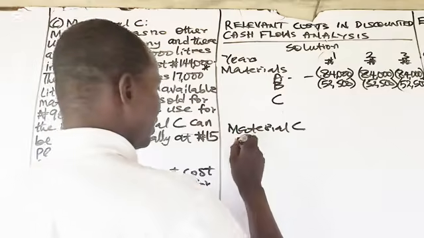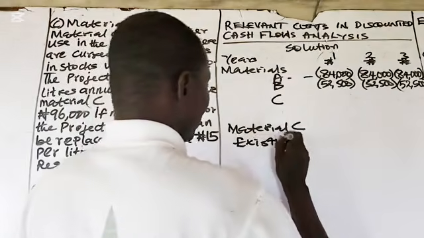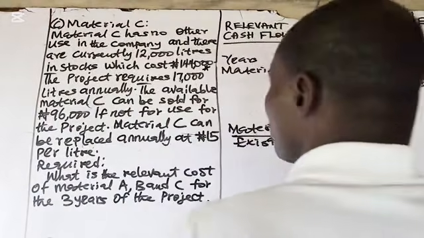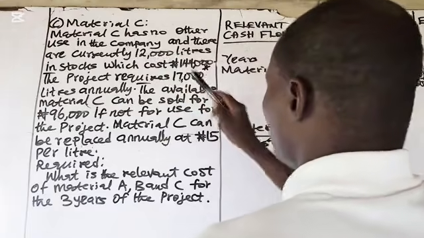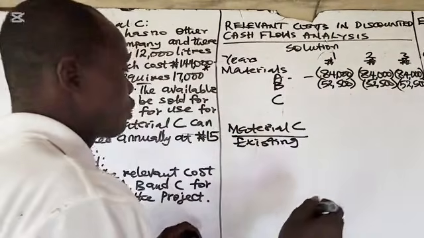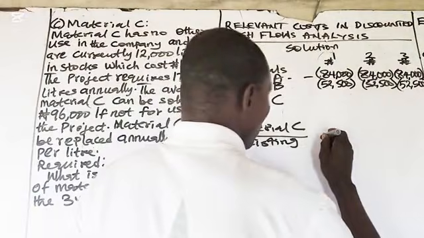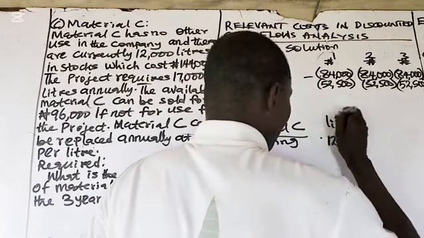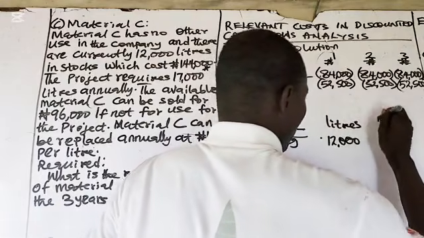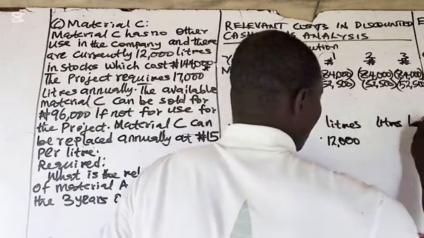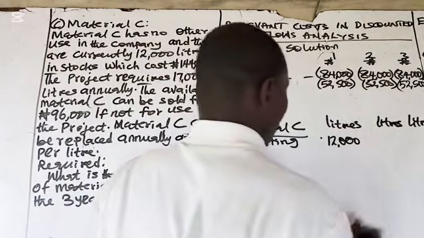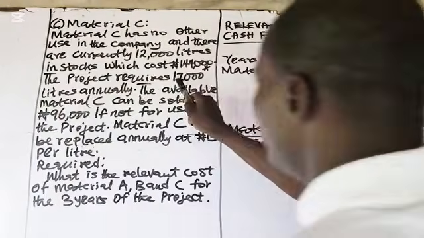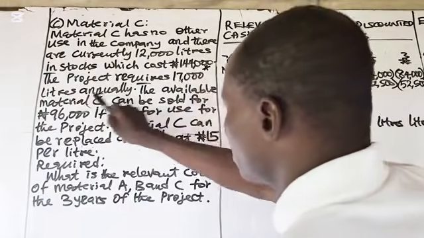So for material C now, we have existing material C. So you already have 12,000 in stock. So in year one, the 12,000 you have will be used in year one. Year 1, 2, and 3, what you need annually is 17,000 liters.